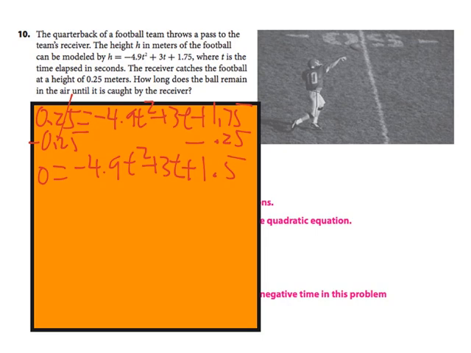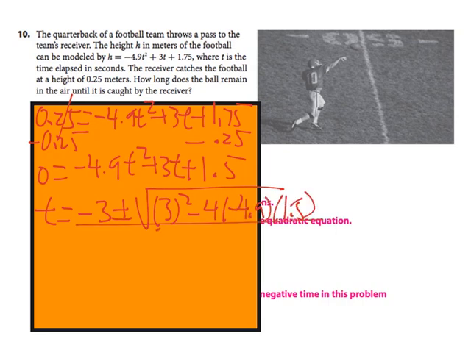Right, so to solve for t, we say that t equal to negative 3 plus or minus the square root of 3 squared minus 4 times negative 4.9 times 1.5, over 2 times negative 4.9. Okay, and then use the calculator to solve the discriminant under the square root.